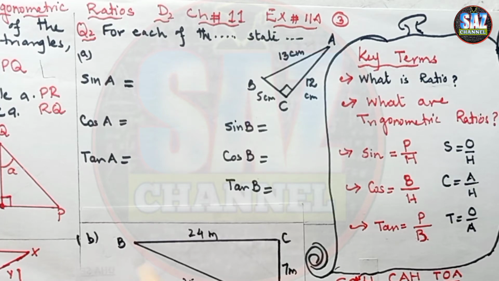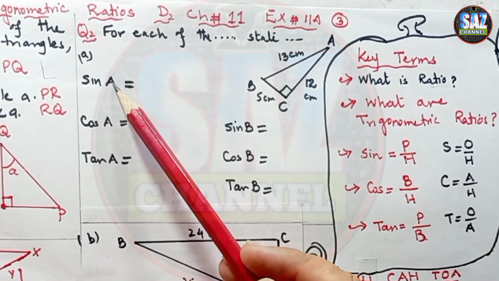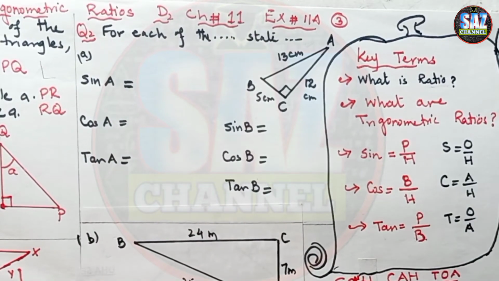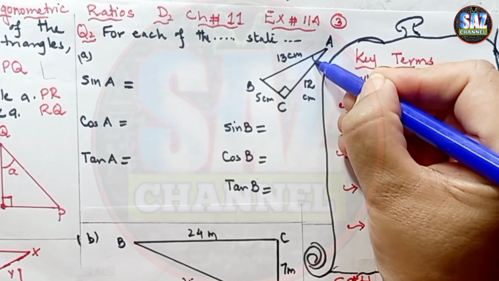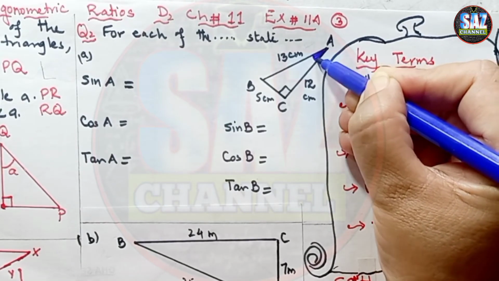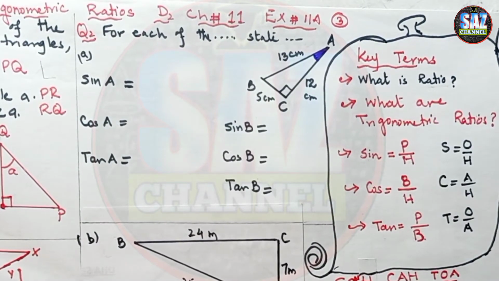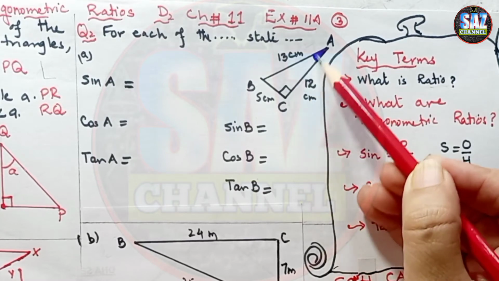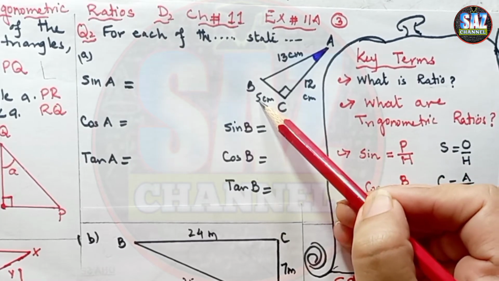Now, in order to write sine of angle A, it means the reference angle is the angle A. This is my reference angle. With the reference of this angle, which side will be adjacent and which will be opposite? 12 will be adjacent and 5 will be the opposite side.